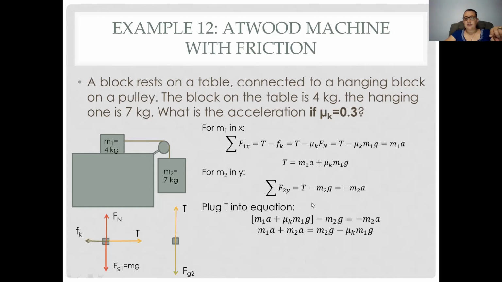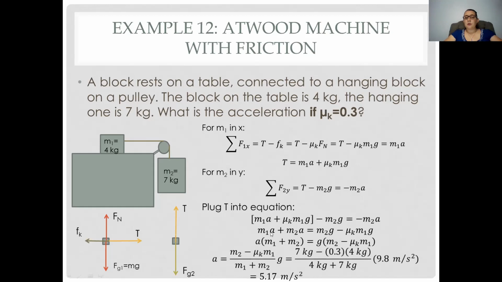And then these other terms that don't have acceleration will move over to the right side and switch their signs. So factoring out our acceleration, just like we did before, gives us M1 plus M2 times a. Here we can factor out a g because it's common in both terms. So g times M2 minus mu k M1.